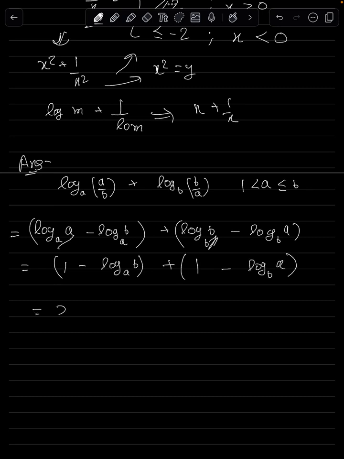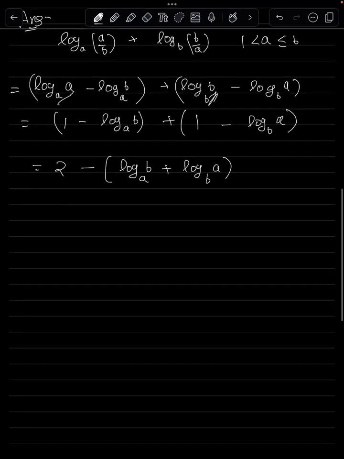Now it will become 2 minus, taking the minus common, log of b base a plus log of a base b. Now, if we change the base, here the base is a, here the base is b. If the base becomes a, both terms will become the same.